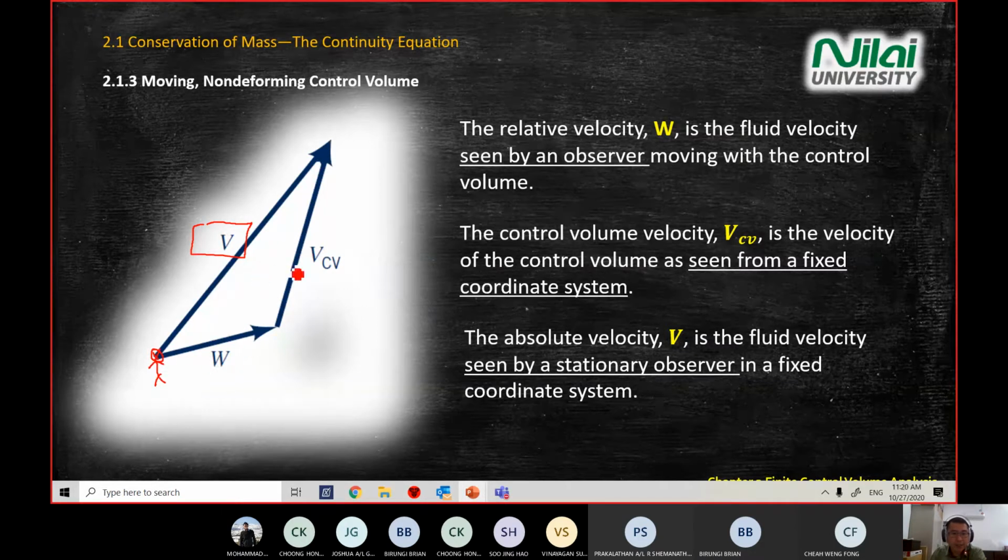All right. So this is a vector diagram. It's fixed for a moving and non-deforming control volume. This shape is fixed already.